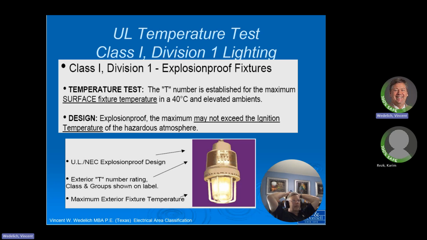So the T number is established from the maximum surface fixture temperature in a 40 degrees C elevated ambient. If the external surface temperature exceeds the ignition temperature, then it's a problem, right? So they actually have lights that are rated for certain T ratings, right? And that's another number we have to generate, right?